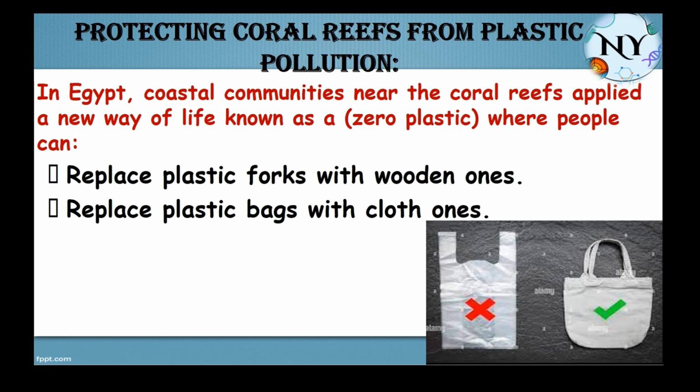Instead of using plastic forks or plastic spoons, such as in restaurants, we have to replace them with wooden forks and spoons. Also, we can replace plastic bags with cloth ones or bags made from paper, as some stores make currently. So by this way, we can protect coral reefs as much as we can.